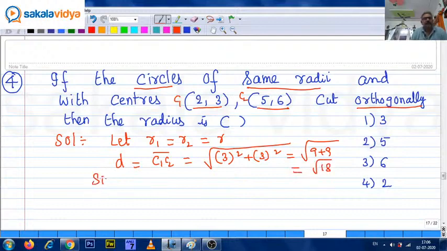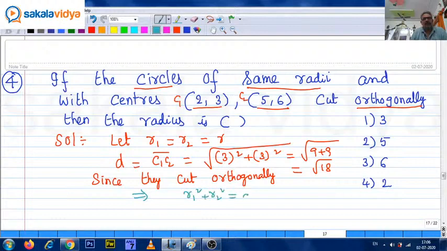Since they cut orthogonally, we have R1² + R2² equal to D². This is the condition.